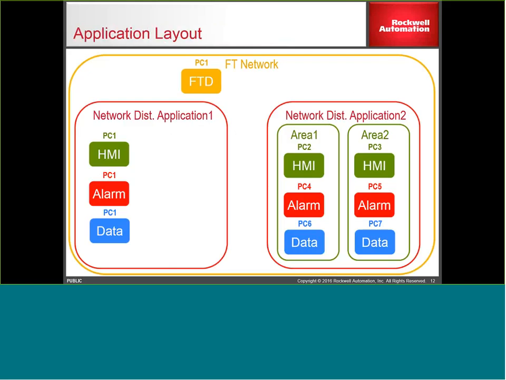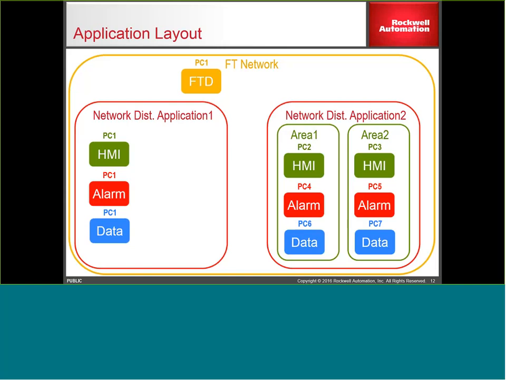So here I'm moving away from the network drawings and I'm moving more towards containers, right, or boundaries. And in yellow here, I have the big yellow square that represents our entire FactoryTalk network, and everybody is in that, right? And PC1 is our FactoryTalk directory.